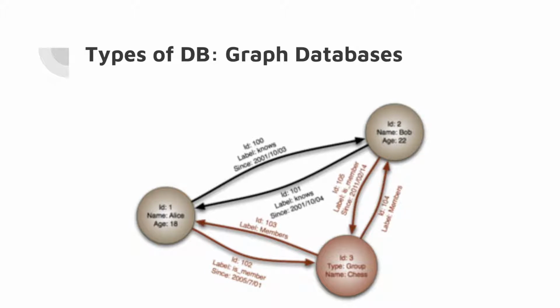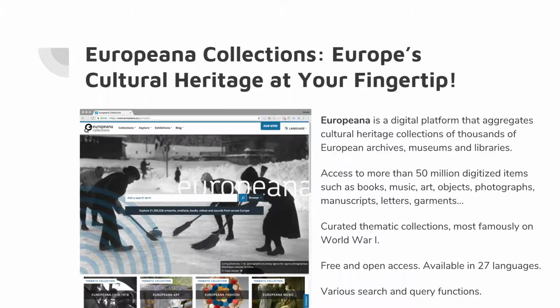And now for something more practical. Europeana collections, I'm not sure if you have heard of that. If you haven't heard of that, it's definitely worth checking out. Europeana is a digital platform that aggregates cultural heritage collections of thousands of European archives, museums, and libraries, and other cultural heritage institutions.